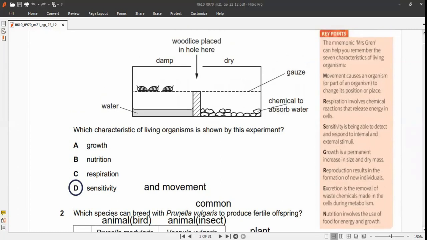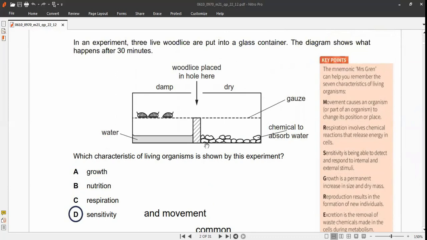So here, which characteristic of living organisms is shown by this experiment? Here, the characteristics are movement, because they move from this place to this place.